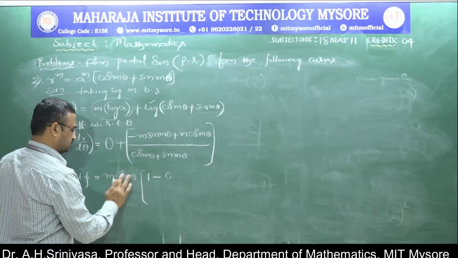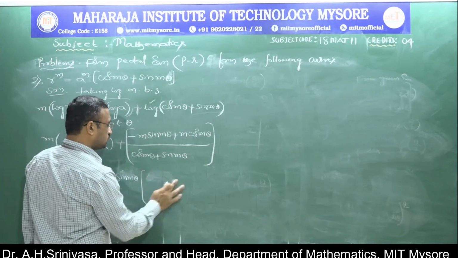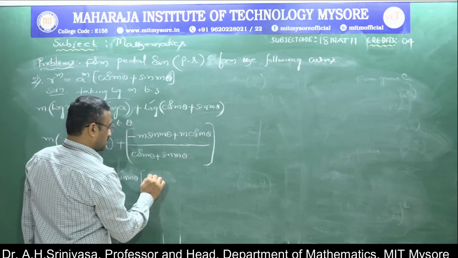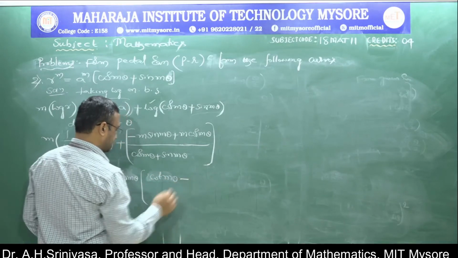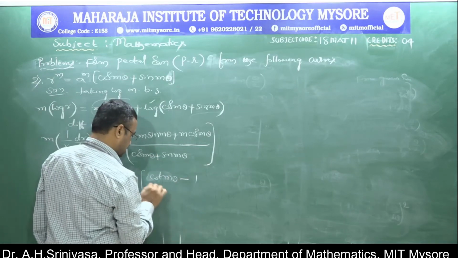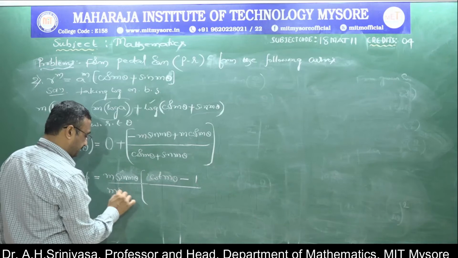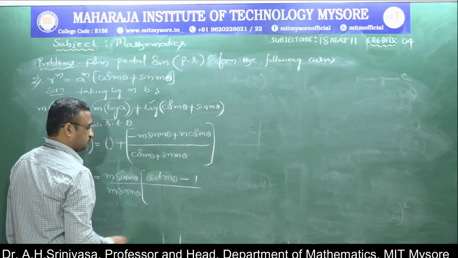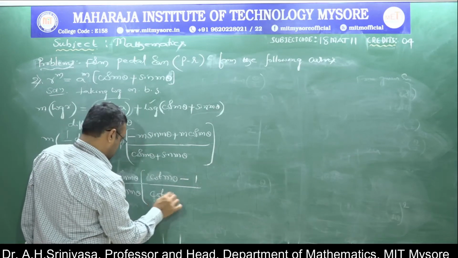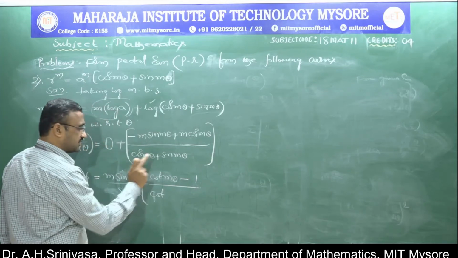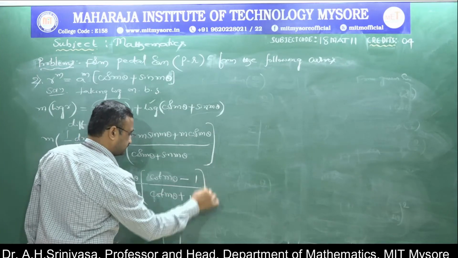instead of cos you can take sin now. Sin m theta, this becomes, first I am writing this one. If you take a common factor, that is cot m theta, then minus of 1, then the whole divided by, again we can take a common factor of sin m theta, this becomes 1, again if you take a common factor, only this one, sin m theta, that becomes cot m theta plus 1.